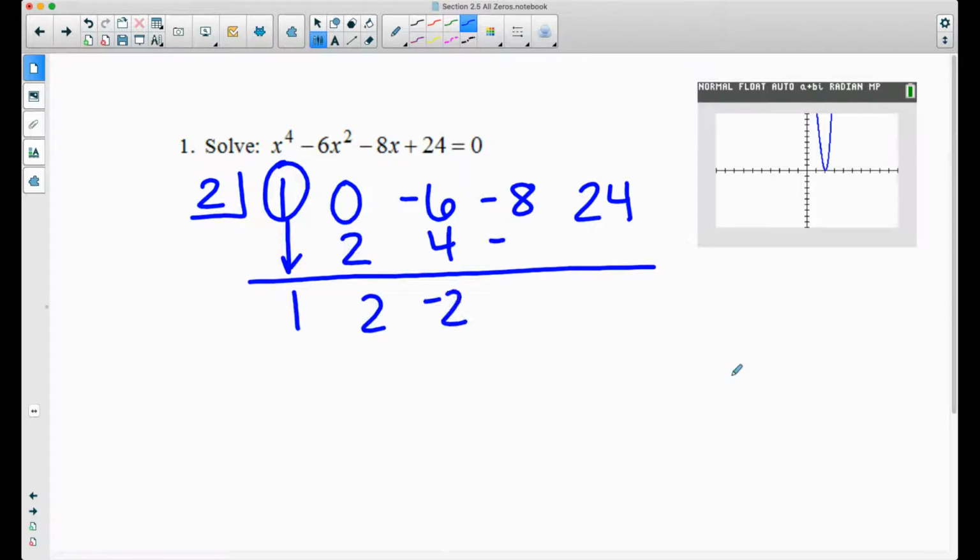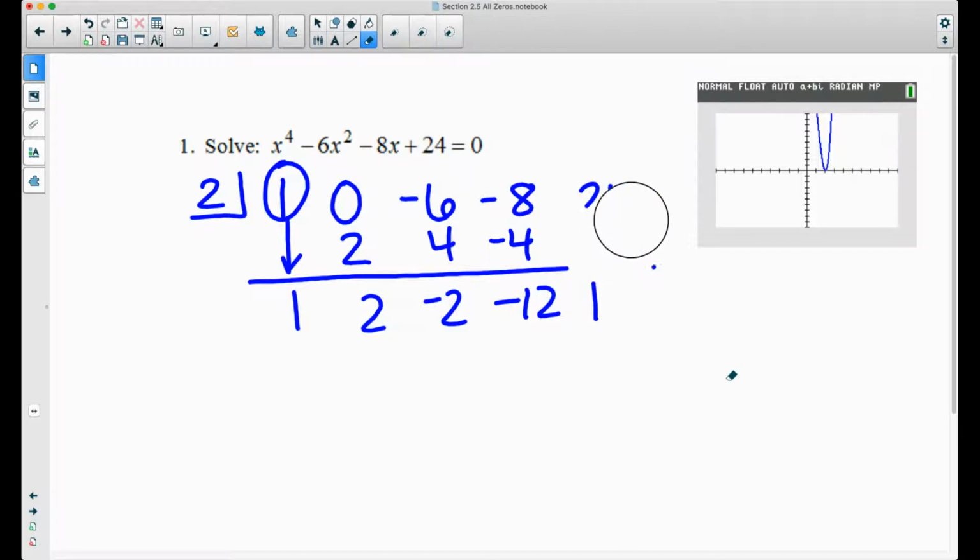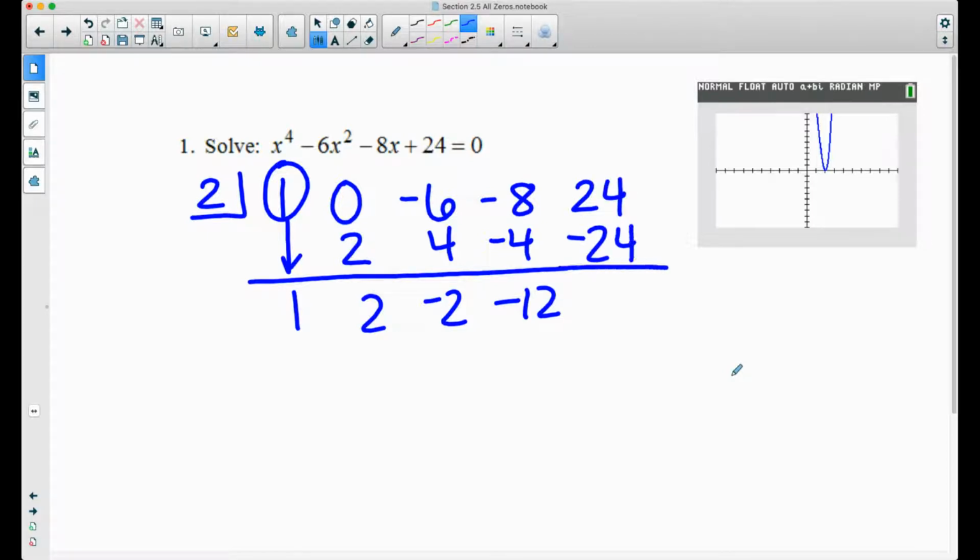So if I have told you that it is a 0, or your calculator has, whoops, hold on. Can't write and talk at the same time apparently this morning. Then you should get 0 as a remainder, okay? So this is taking it from x to the 4th now down to x cubed, all right?